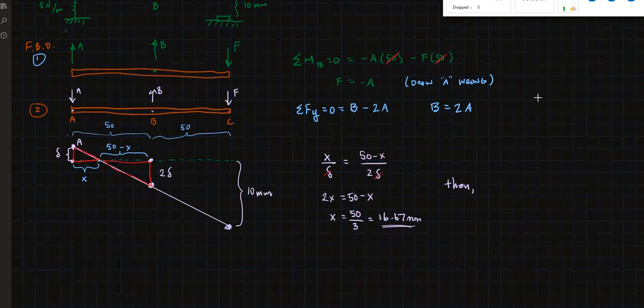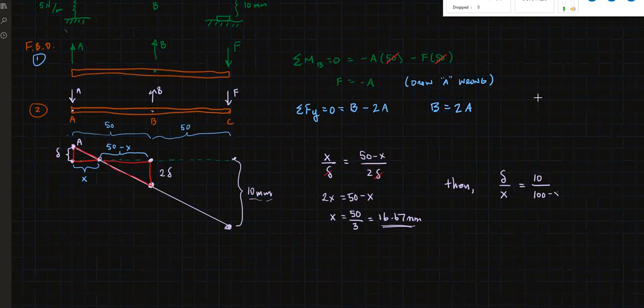Okay, great. Well, if that's the case, then I've got a lot of similar triangles going on here. I know this is 10. And now I know the distance from this point to this point. So I can use this triangle now and figure out what delta is. So then, delta over x equals 10 over, so this whole distance here is 100 minus x.